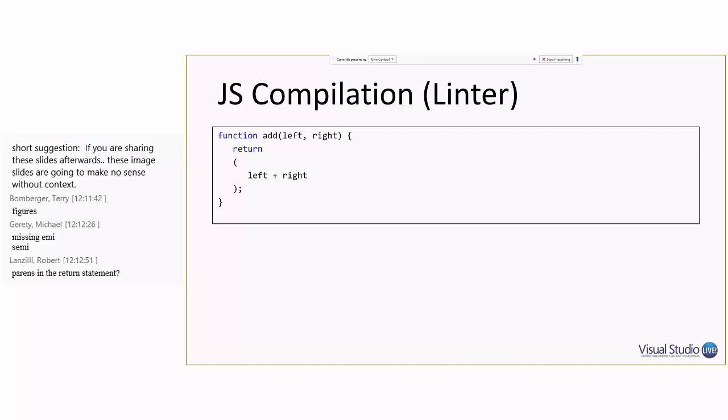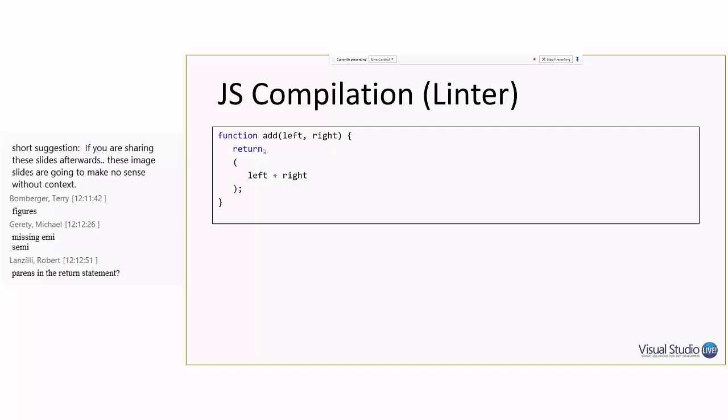So the issue is the return statement. I'm not sure if you're getting it exactly, but basically the parentheses on the left and right are actually unreachable code. That code's never going to be reached because of a feature called ASI, the automatic semicolon insertion feature within JavaScript.